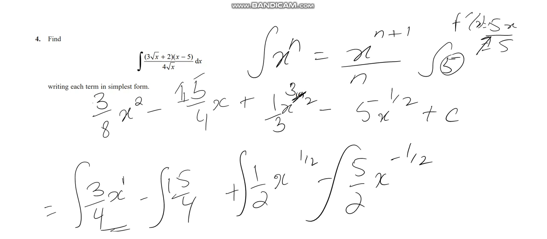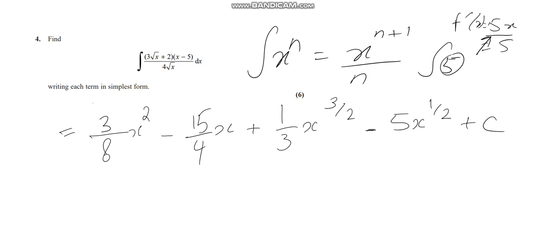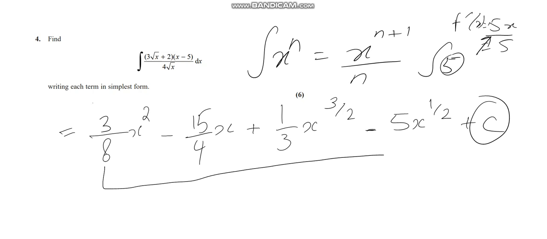Let me clean it up. There you go, guys, that's our answer: 3 upon 8 x squared minus 15 upon 4 x plus 1 upon 3 x to the power 3 upon 2 minus 5x to the half plus c. Remember to add the c, because you won't get full marks without it. The c is a constant, because this antiderivative would be the derivative of something, and there would be a constant right here.